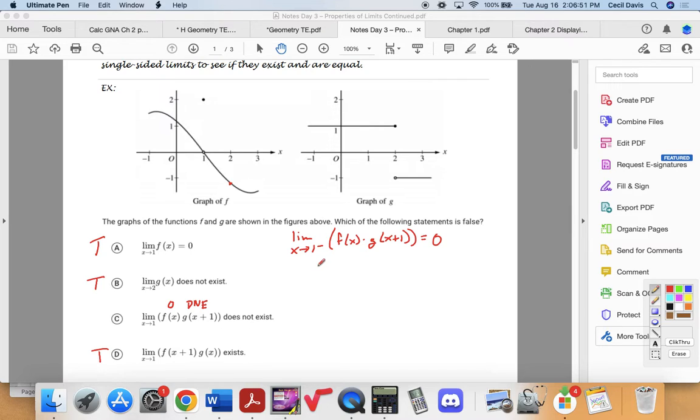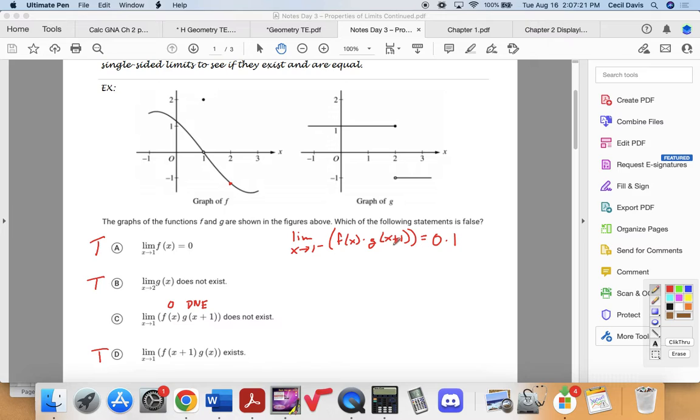As x approaches 1 from the left, what does g of x plus 1, in other words, we're going towards 2 from the left. What does g approach there? Pardon? 1. Yes or no? Okay, so as x approaches 1 from the left, I'm going to have values just a little bit less than 1.